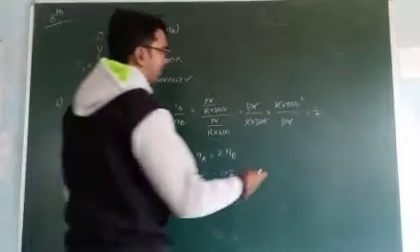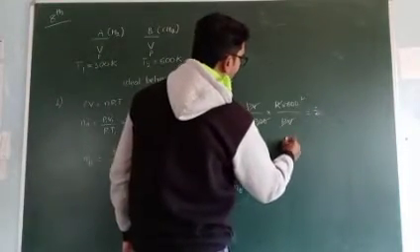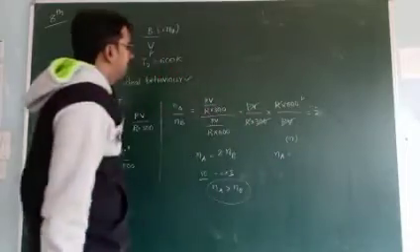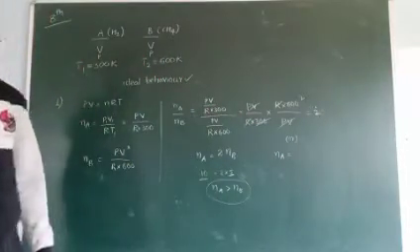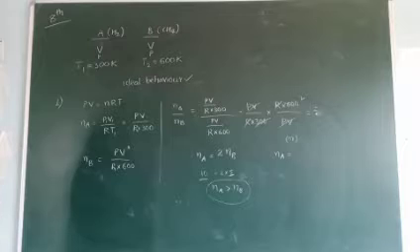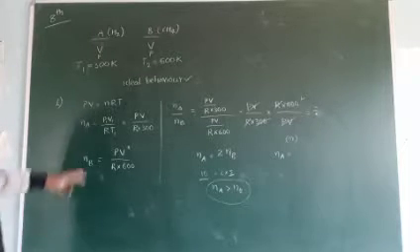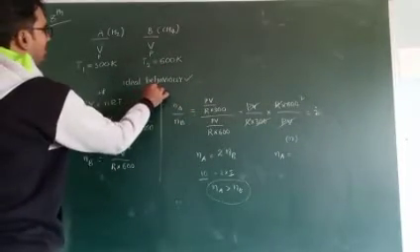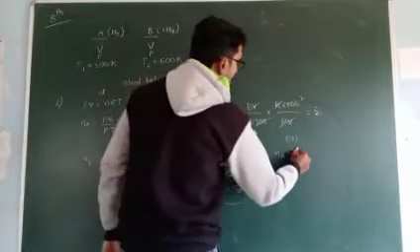Actually, in another way, we can calculate this one. That is, Na is equal to weight by molecular weight. In this problem, equal weights are also given. Weight is taken as x.